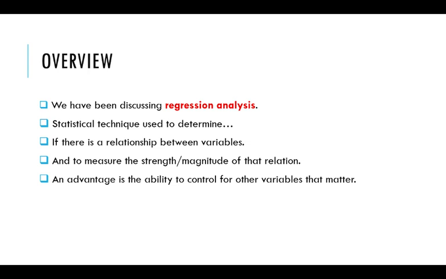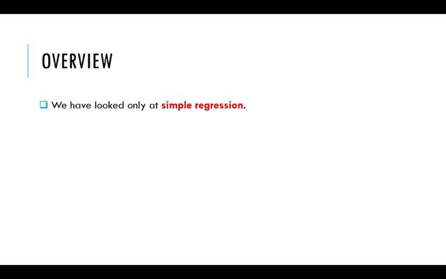Healthy lifestyle, drugs, drinking, genetically disposed to certain issues anyway. With regression analysis, we can control for those other things. In other words, we can estimate these relationships and the magnitude and the strength of these relationships, holding all else constant.